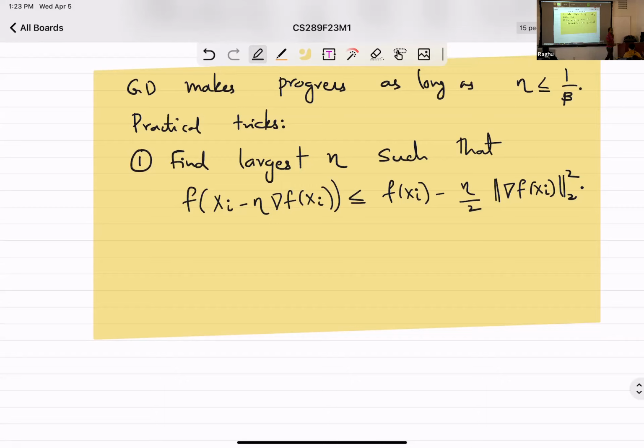So maybe I'll take the biggest possible step as long as I don't hurt myself. For instance, you can start with a big eta, like eta equals 100. If this is violated, maybe try eta equals 50. If that works, then you're fine. Otherwise, try other values. People also sometimes do what's called backtracking line search.